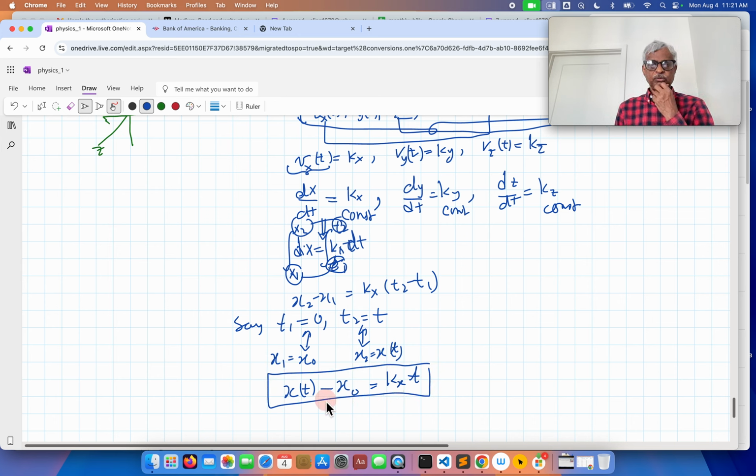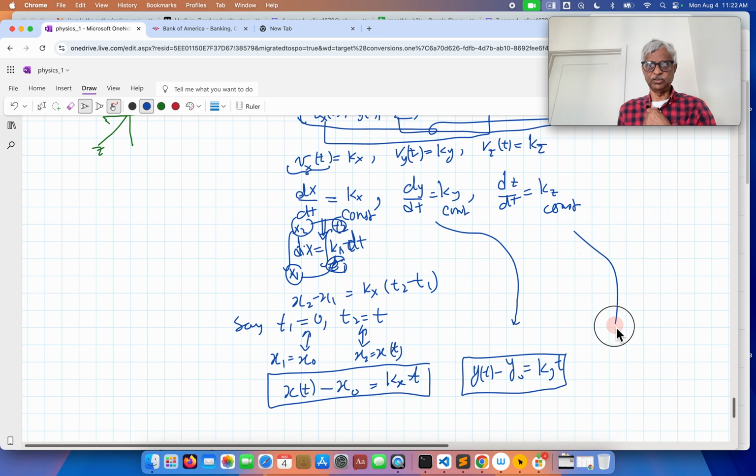So it tells you how you can find the change in coordinate based on the value of kx. Similarly, this leads to y of t minus y0 equals ky times t, and z of t minus z0 equals kz t.